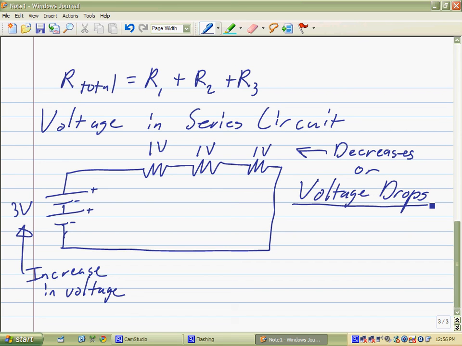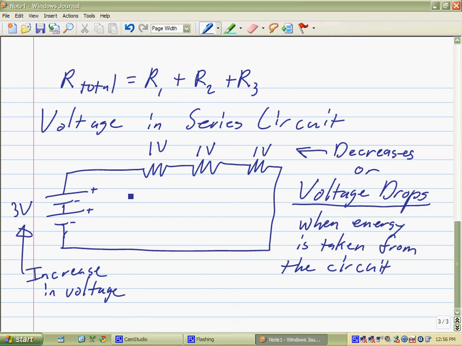And voltage drop is when energy is taken from the circuit. So a voltage drop is that change in voltage that we see here.